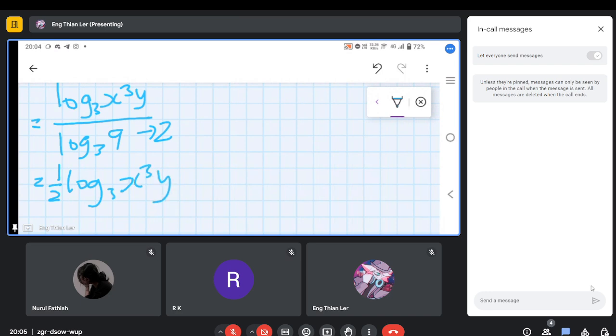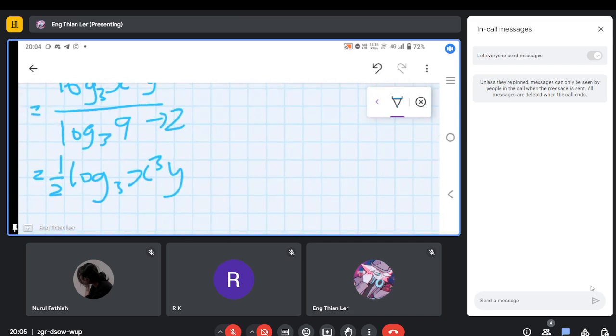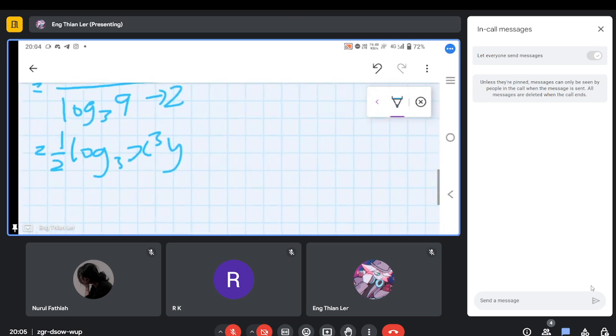And now we can separate them by using the law of logarithm, which is log xy equal to log x plus log y. So I'm going to separate the x cubed and y.